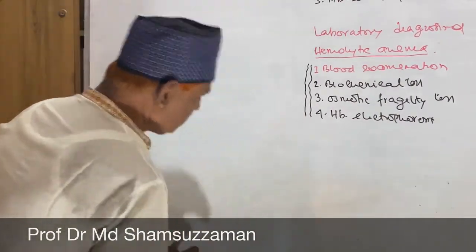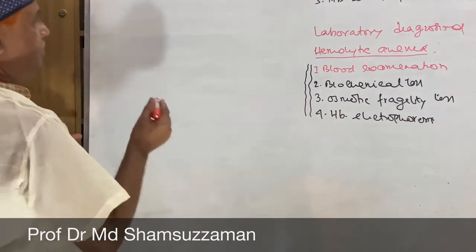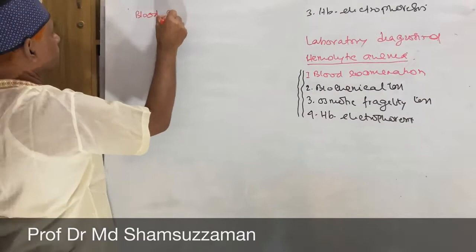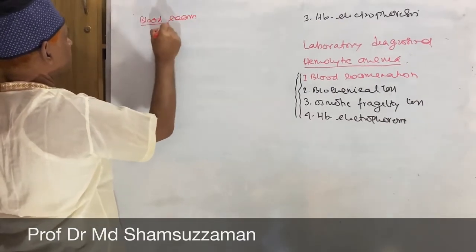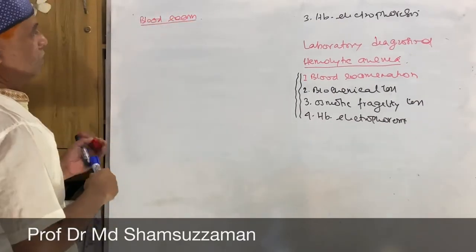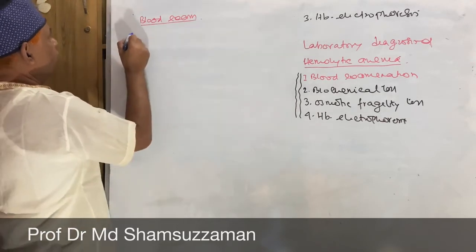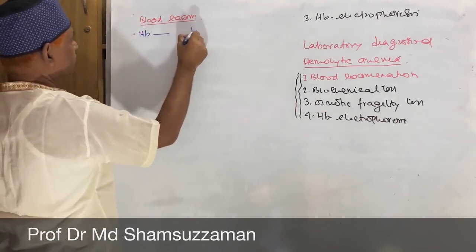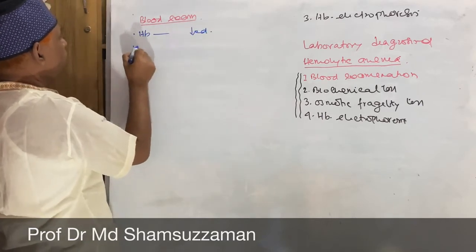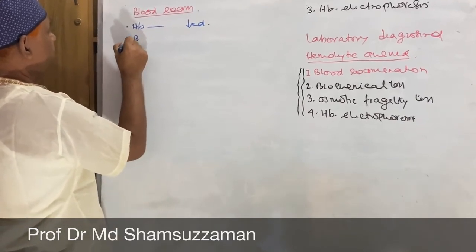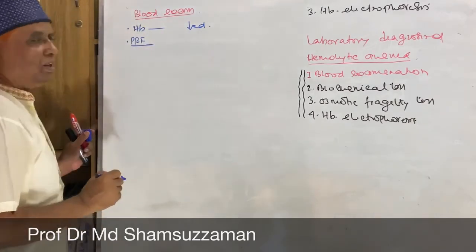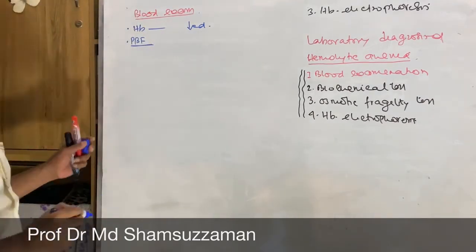Now come to the blood examination. We have to do first hemoglobin estimation, it will be reduced. We have to do peripheral blood film, PBF. It is very important for hemolytic anemia. What will we get?